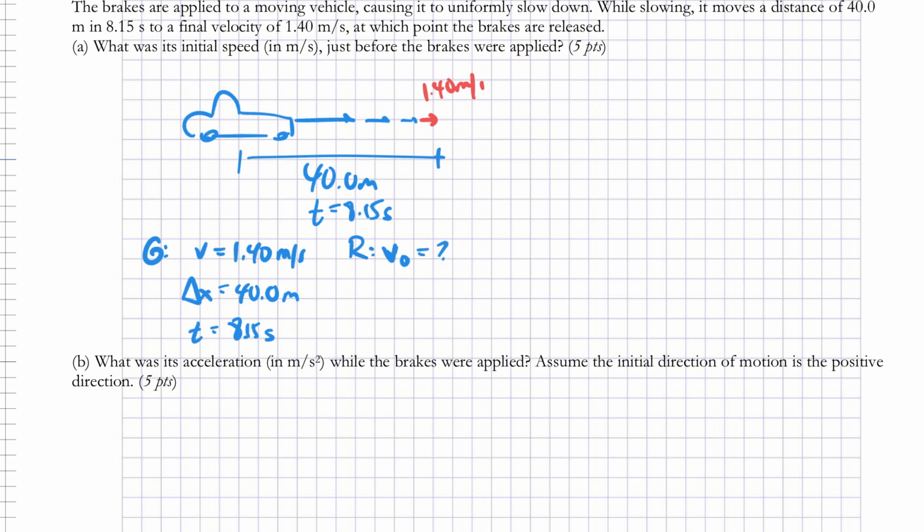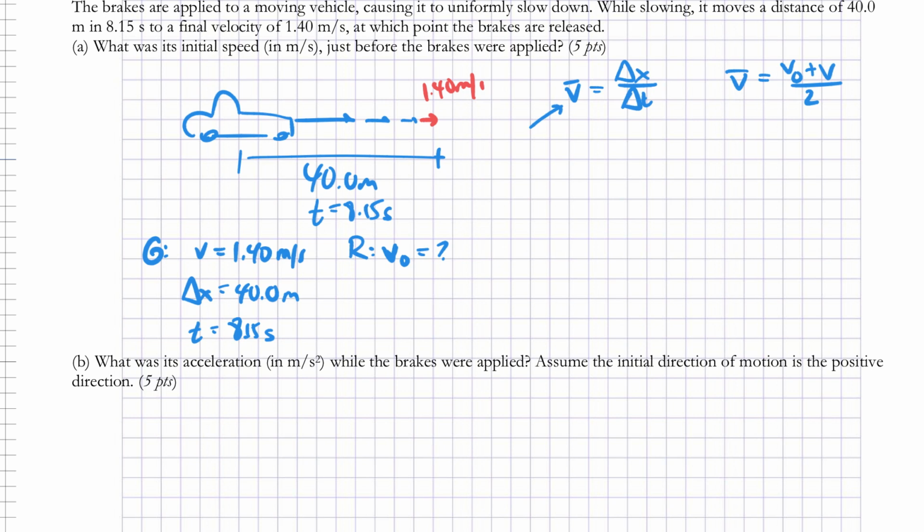Okay, so this one's a little bit interesting, I think, because it's going to require two equations, so we're looking for V naught, and V naught shows up all over our equations. We've got V bar equals delta X on delta T, and you could imagine there's a V naught in there somewhere. In fact, that V naught comes out here, V naught plus V on 2.